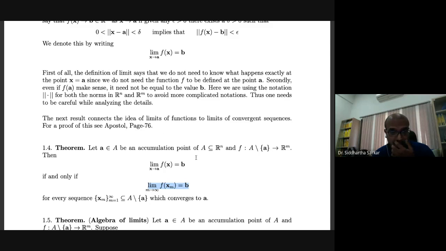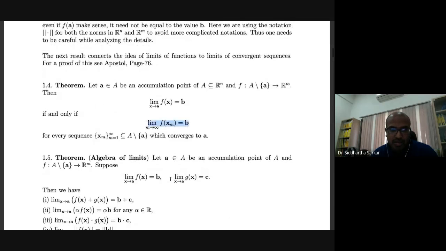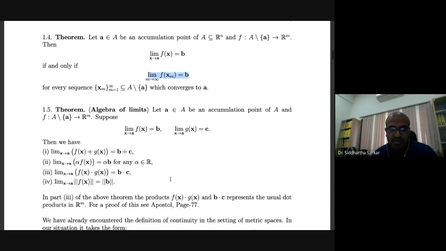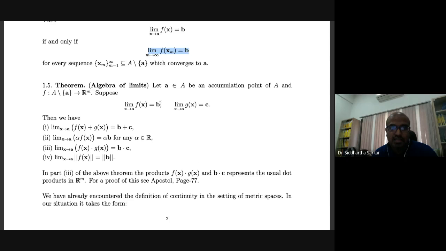This is sometimes easier because using sequences sometimes gives an easier approach. Okay, so as in the case of real analysis, there is an algebra of limits. If the limit of f(x) is b and the limit of g(x) is c as x approaches a, then the limit of f(x) plus g(x) should be the sum of their limits. If you have a scalar alpha, the limit of alpha f(x) should be alpha times the limit of f(x).